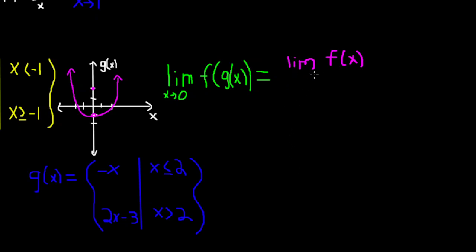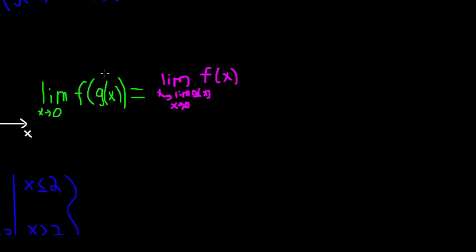The limit of f of x as x approaches the limit of g of x as x approaches 0. That looks really weird, so let me show you what that means.